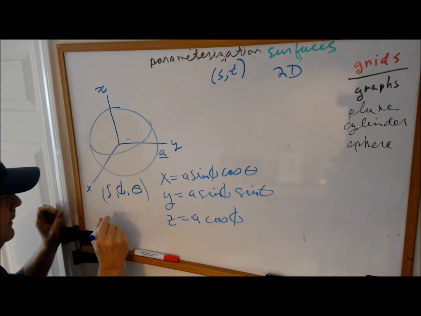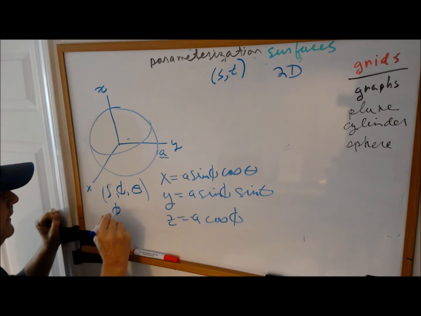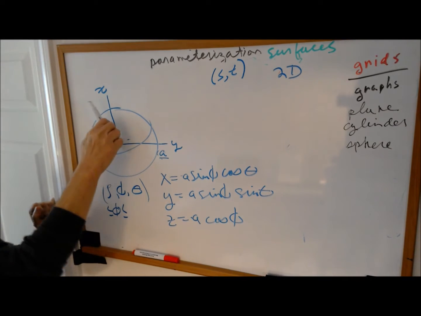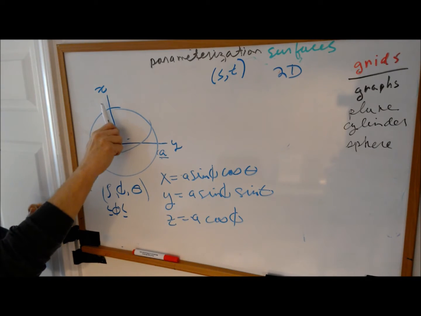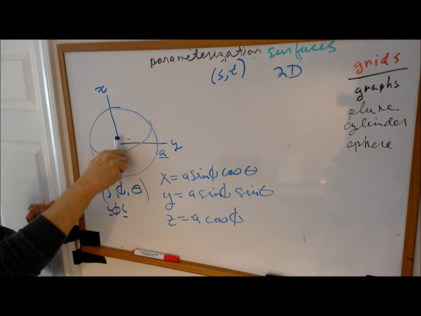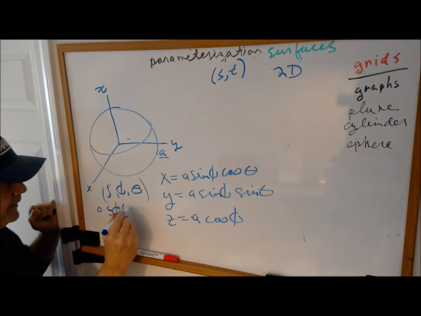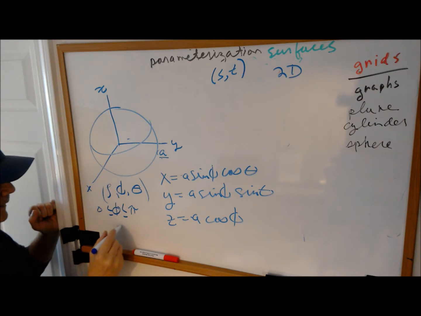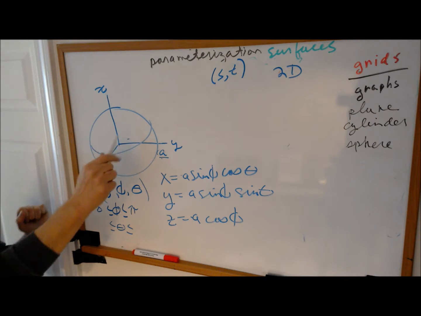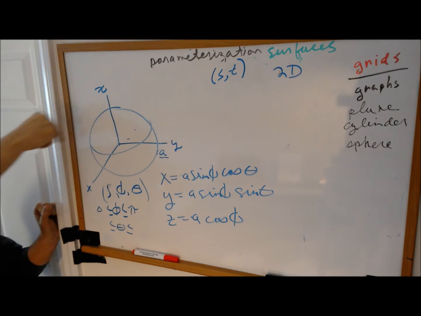So phi, that's that angle from the North Pole, if you will. Well, that goes from 0 all the way to the South Pole. So that's 0 to pi radians. And theta, well, once you're at a point here, now you have to go around the world.